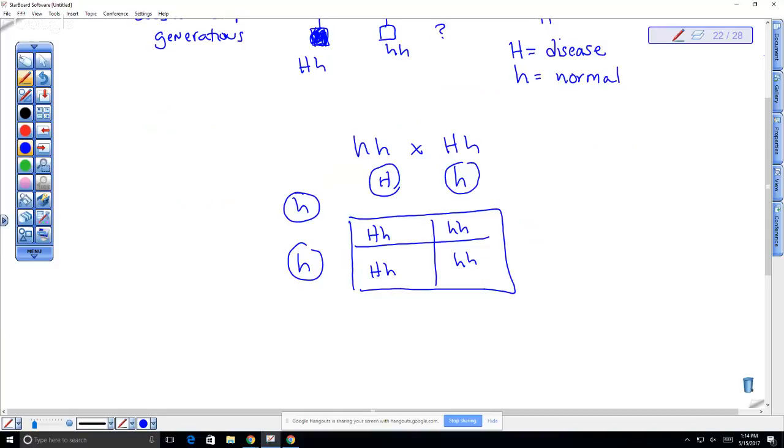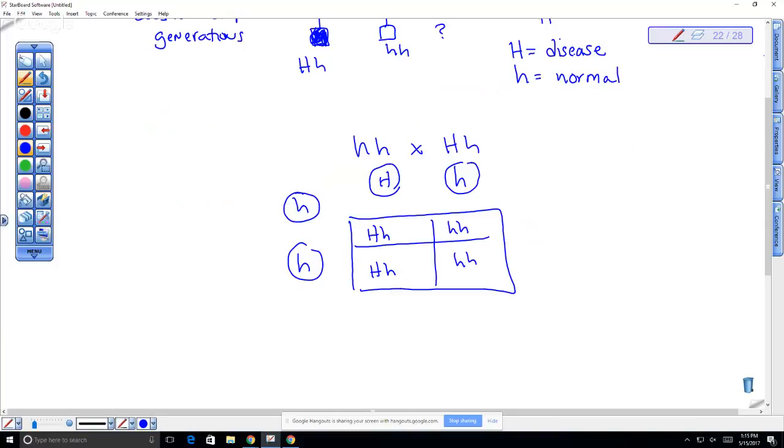So what was the probability that if they had another child, that child would have Huntington's disease? 50%.